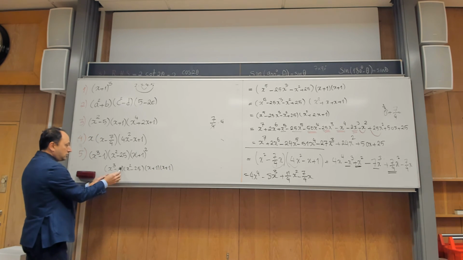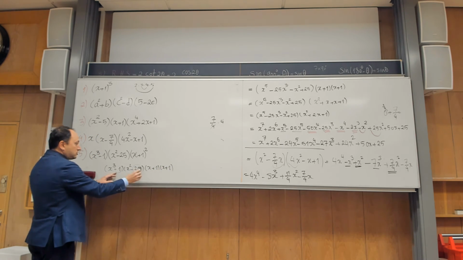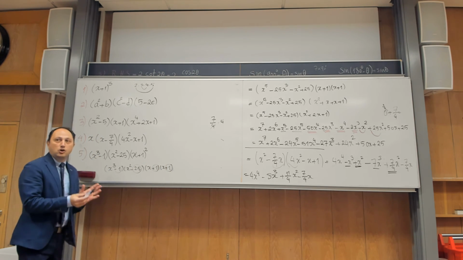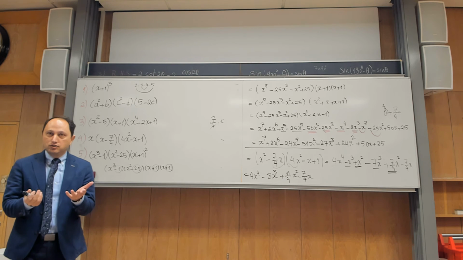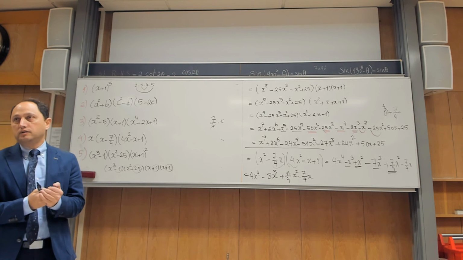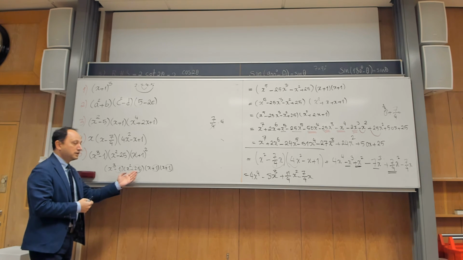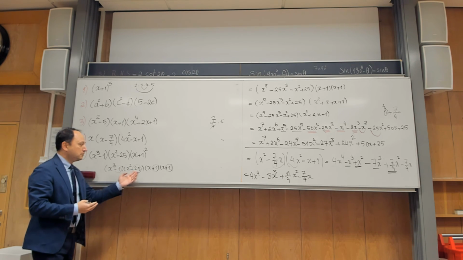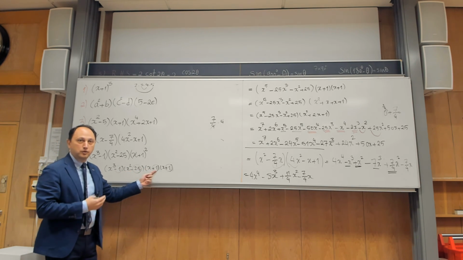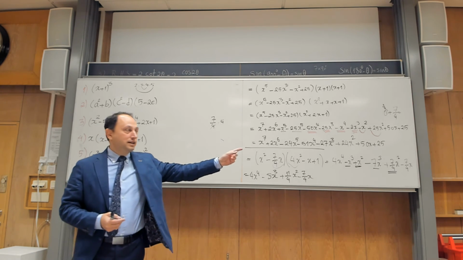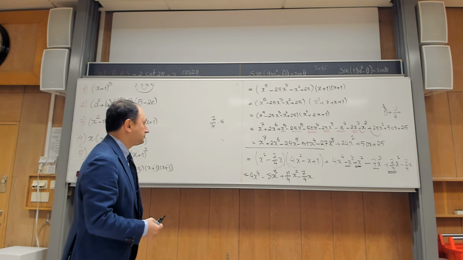Take this term, multiplied by that term, multiplied by that term, multiplied by that term. That is the only way that I get a term without x involved. And that's what you explained very good. So minus 1 times minus 25 is positive 25. Positive 25 times 1 is 25. 25 times 1 is again 25. So it was predictable that the answer would be 25.